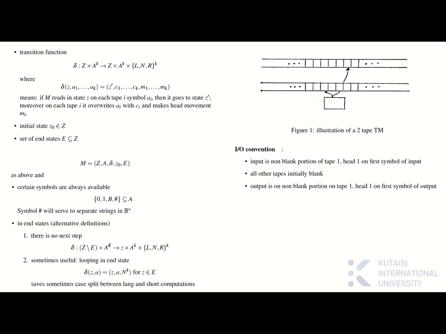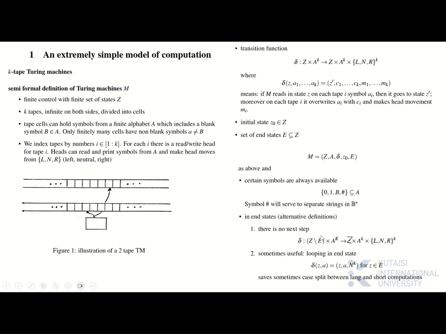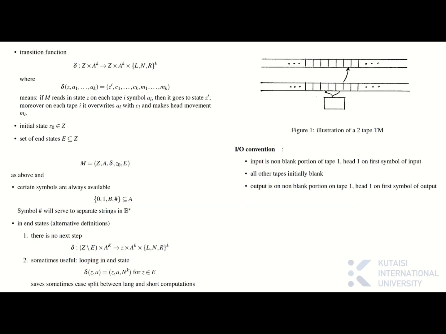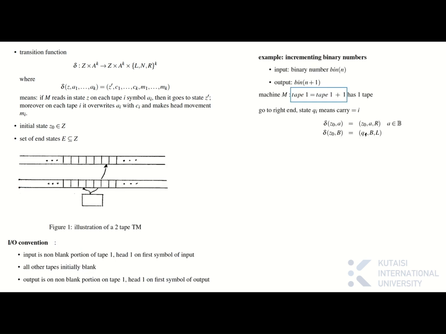This delta is my algorithm. And when I go to the end state, let's say I'm using this definition, I cannot make my next step. And the output is whatever is written on the first tape. The other tapes are maybe just used for computation, however I ignore them completely, and the output is just on tape 1. This is just my convention.